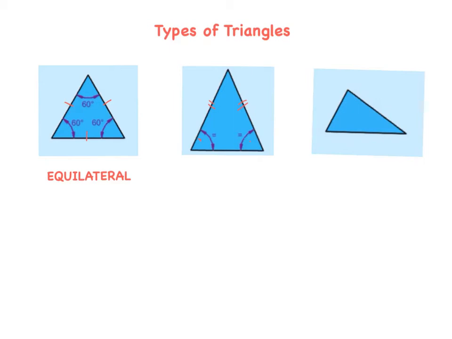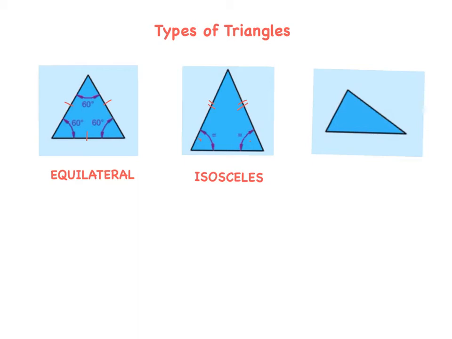They are equal, and the name for this triangle is isosceles. In Greek, iso means the same, and skelos means leg, and it's exactly the same as human legs.